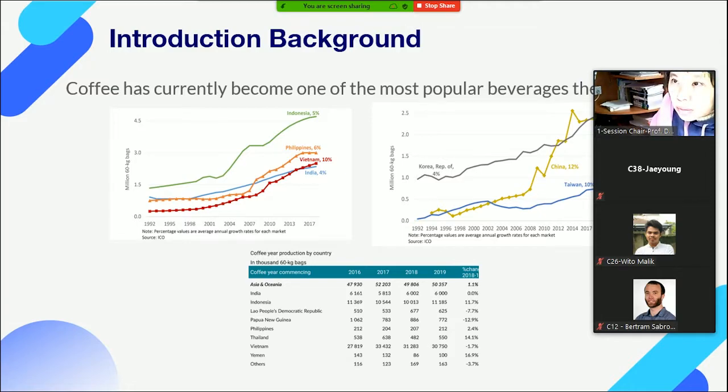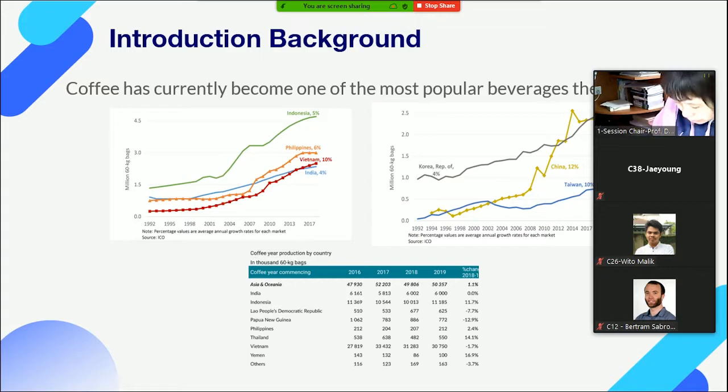Our background is that coffee has become one of the most popular beverages these days. Over the past 2 decades, the global coffee market has grown by more than 60%, and total consumption increased from 98 million bags to 161 million bags.